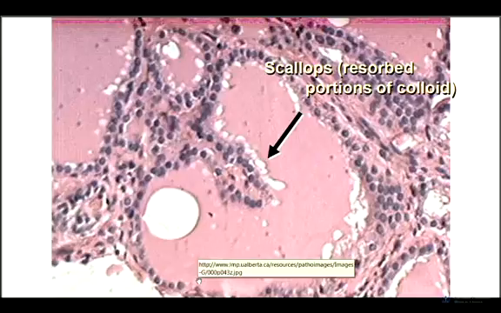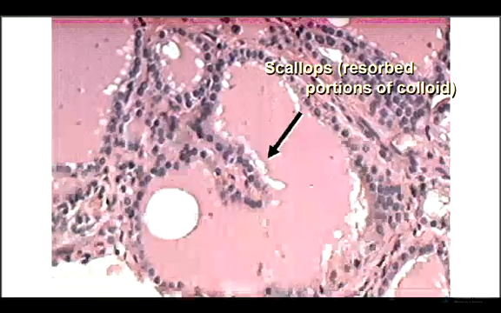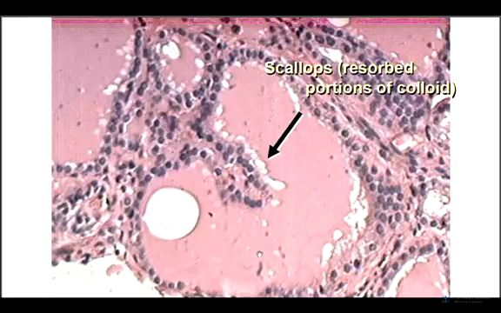When the gland is producing a lot of thyroid hormone and you have symptomatic hyperthyroidism, it means that in addition to making colloid, that is iodinated, it's resorbing a lot into the apices of the follicular lining cells.